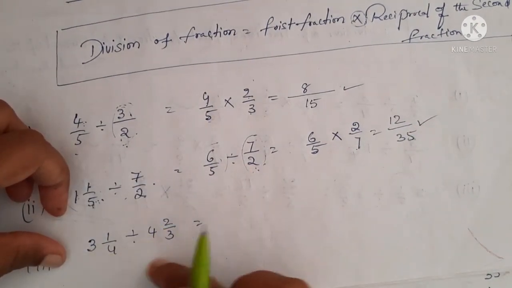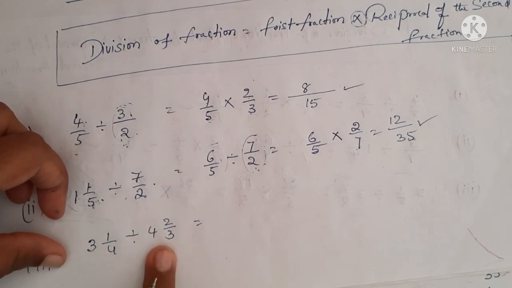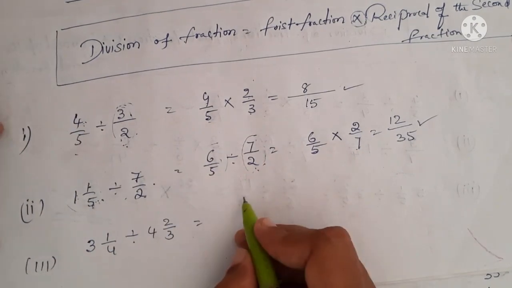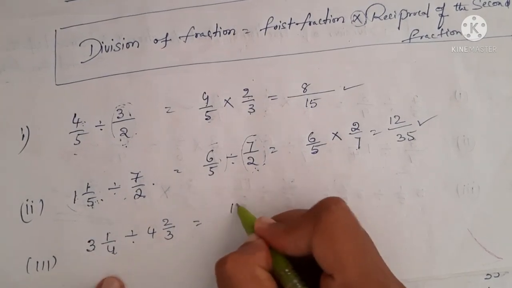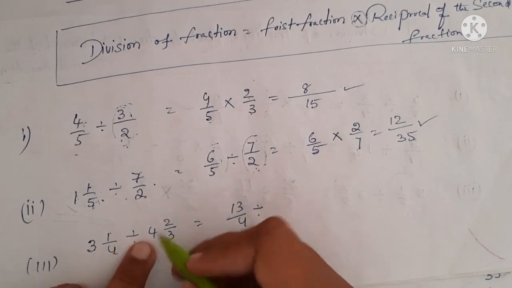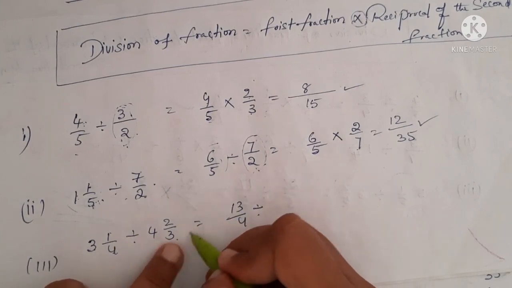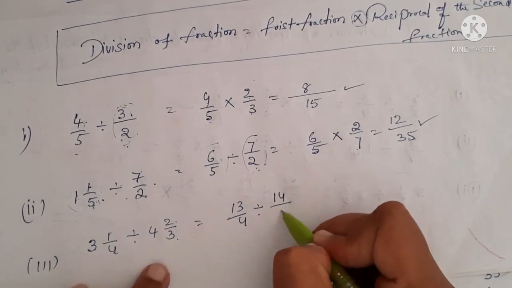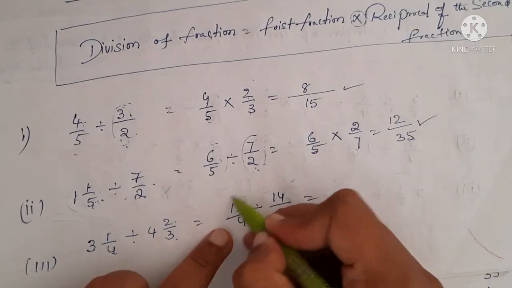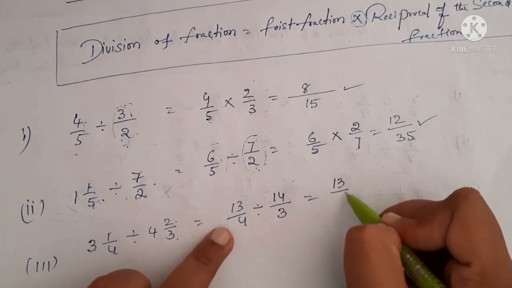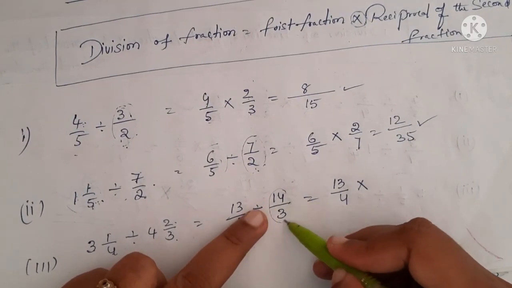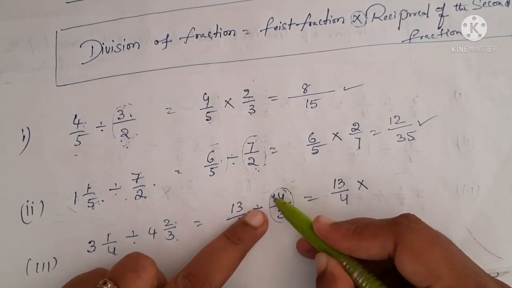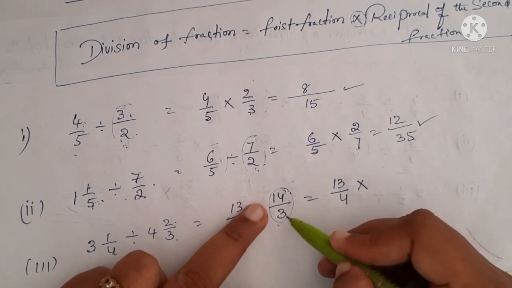And next, we have two mixed fractions. See here, first these fractions are converted into improper fractions. 3 into 4 is 12, 12 plus 1 is 13, so 13 by 4, divided by 4 into 3 is 12, 12 plus 2 is 14, so 14 by 3. So take the first fraction as it is, and now multiply it with the reciprocal of the second fraction.